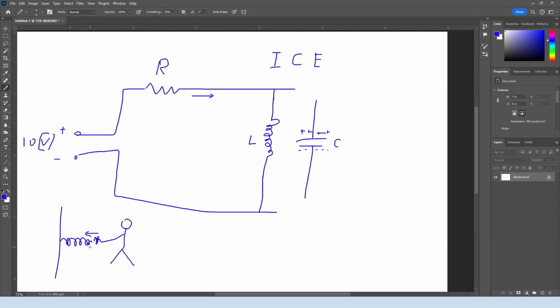That means the coil doesn't like change. It wants to remain where it is. So that means coils do not like change. Same thing with electricity. They do not like sudden change.